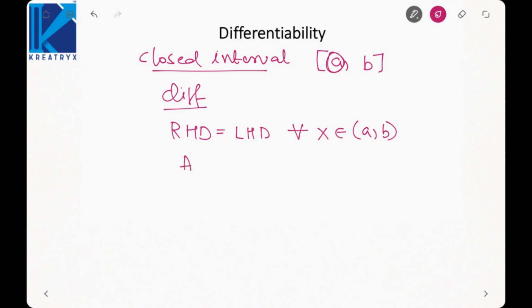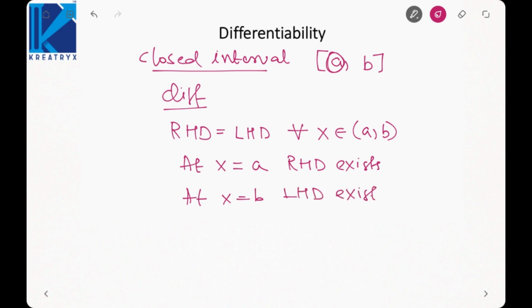So we will say at x equal to A, the right hand derivative exists. And at x equal to B, the left hand derivative exists. We cannot talk about the right hand derivative at B and the left hand derivative at A. Is it fine?